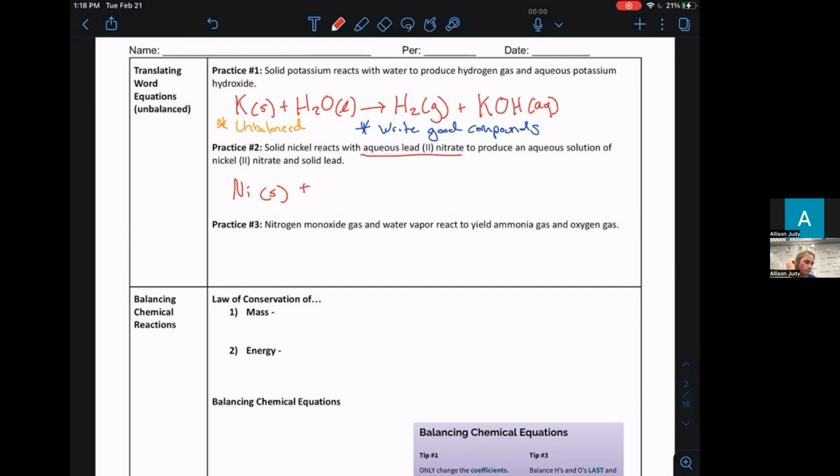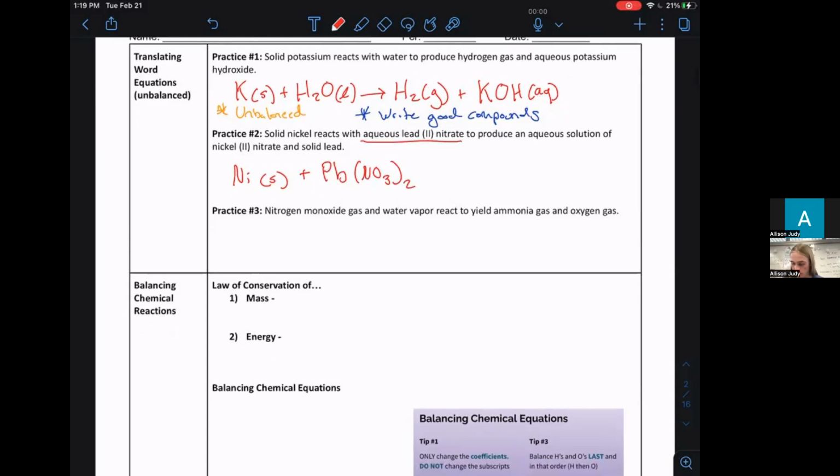And nitrate is a polyatomic, NO3-. Pretty sure. If I'm wrong, somebody correct me, but this should be Pb(NO3)2. Because the lead has a 2+ charge and the nitrate has a 1- charge, we need 2 of the nitrates. And when you have multiple polyatomics, you put the polyatomic in parentheses and then the subscript outside of the parentheses.